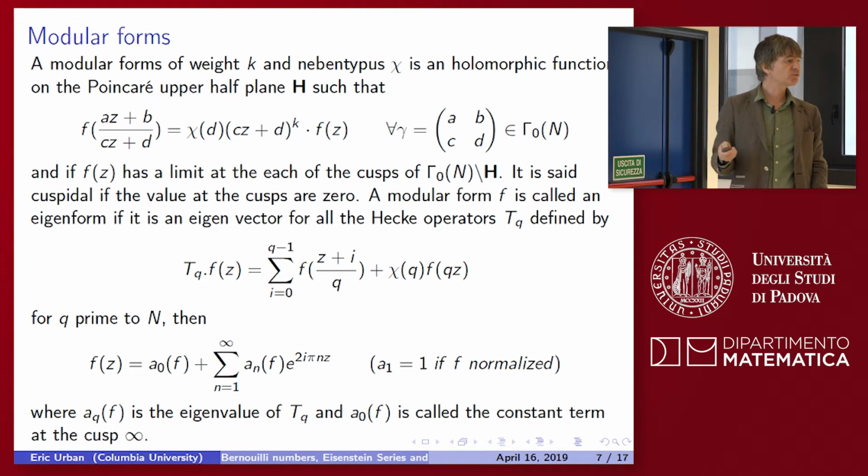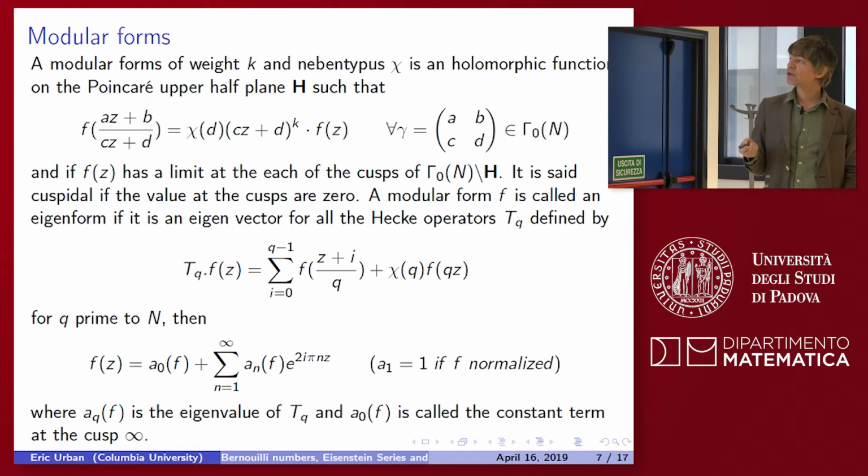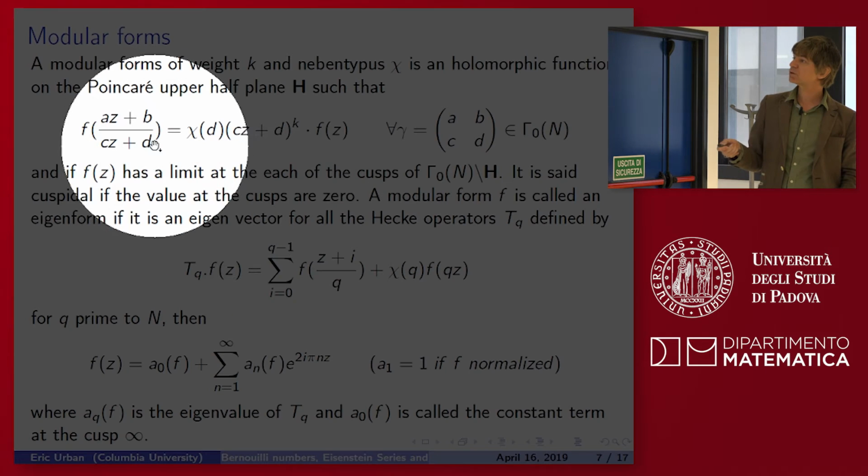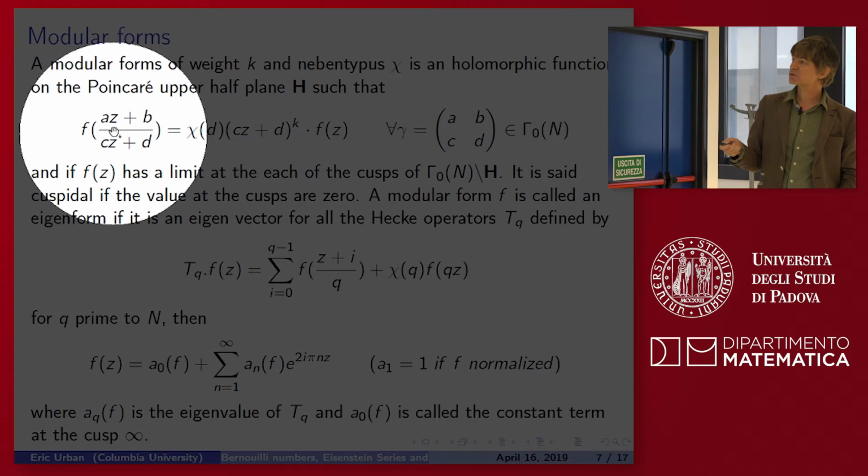So let me explain what modular forms and Eisenstein series are. A modular form of weight k and Nebentypus χ, χ being again a Dirichlet character, is a holomorphic function on the Poincaré upper half plane, H, satisfying this relation here.